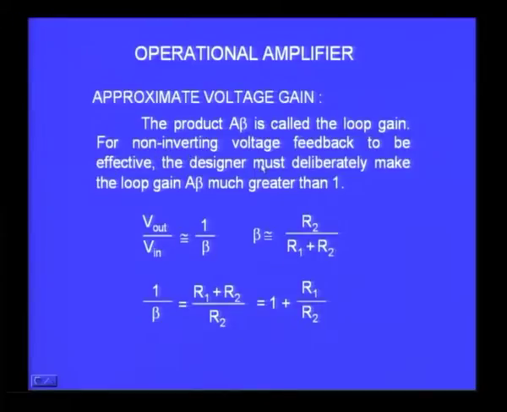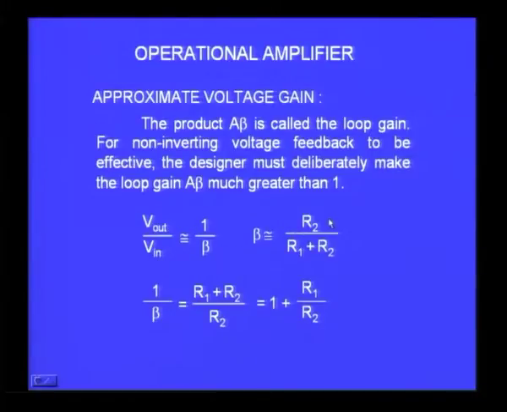For a non-inverting voltage feedback, the designer must deliberately make the loop gain very much larger than 1, which is also true in our case, because A is going to be 100,000, beta is going to be maybe 0.5 or something, whatever it is, the number becomes very large, and therefore A beta is very large compared to 1, and therefore V output by V in will become almost equal to 1 by beta.